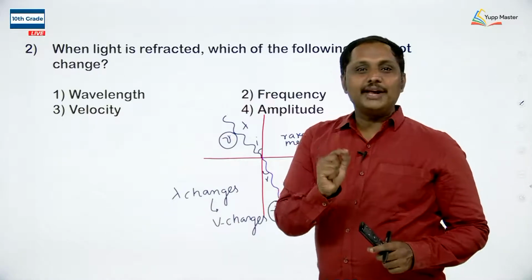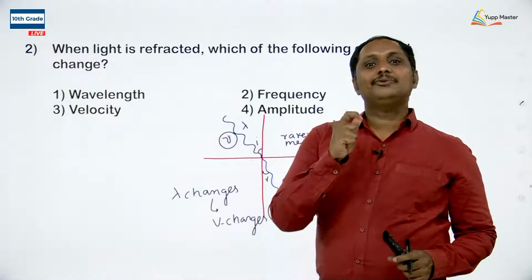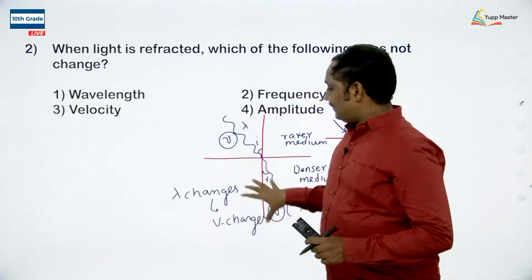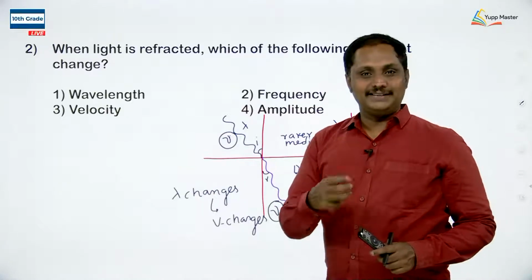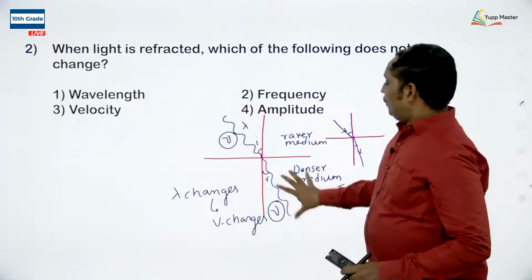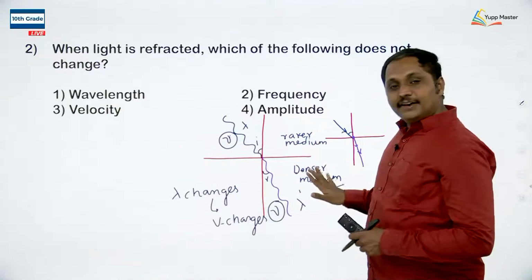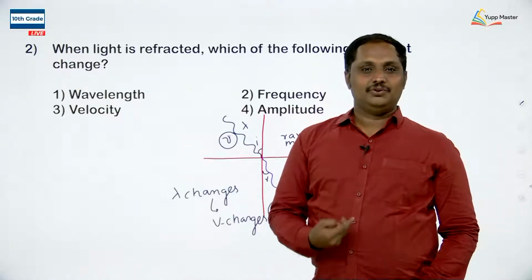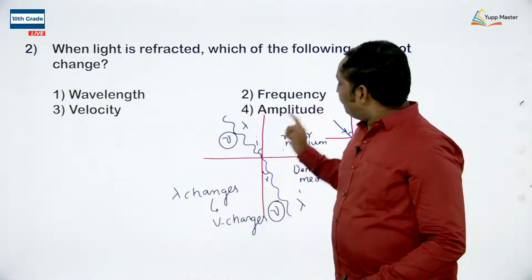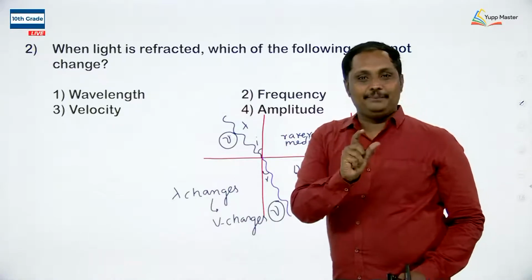Suppose m is constant and velocity changes. Light is nothing but photons, so the momentum will surely change. Now, the frequency remains the same.